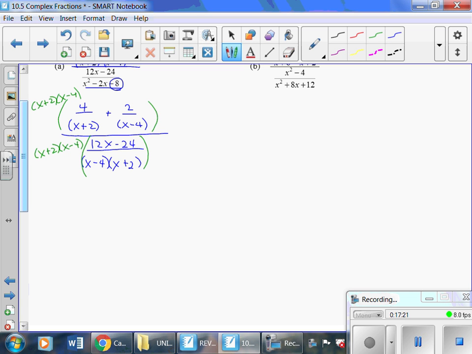Okay? So we're going to do the same thing we did. Now this is where things start getting a little bit complicated at the beginning, but then hopefully you start seeing the connections here. So I'm going to multiply that common denominator by my numerators.